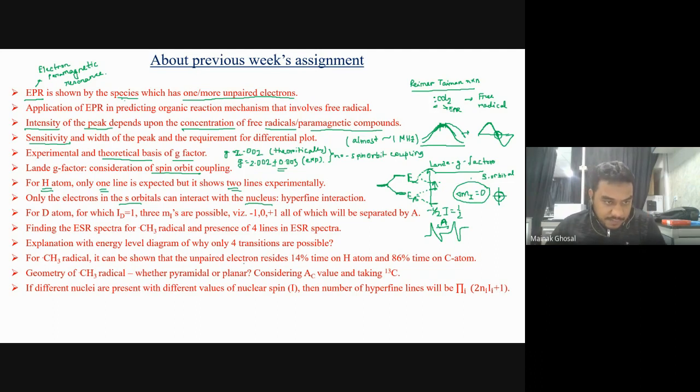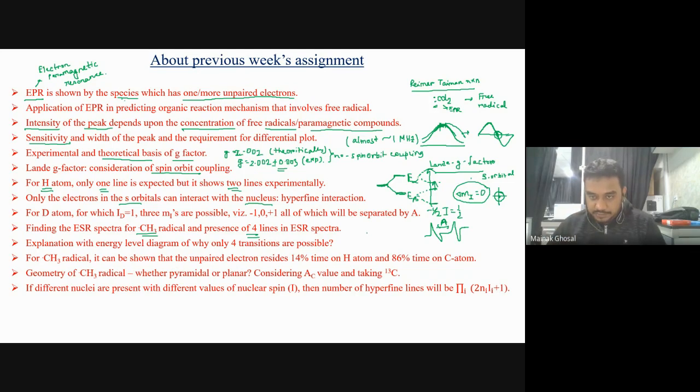Then there was discussion on finding the EPR spectra for the CH3 radical, and it was shown that four lines are present in the EPR spectra. In the CH3 radical, four lines are present, and how are these four lines present?